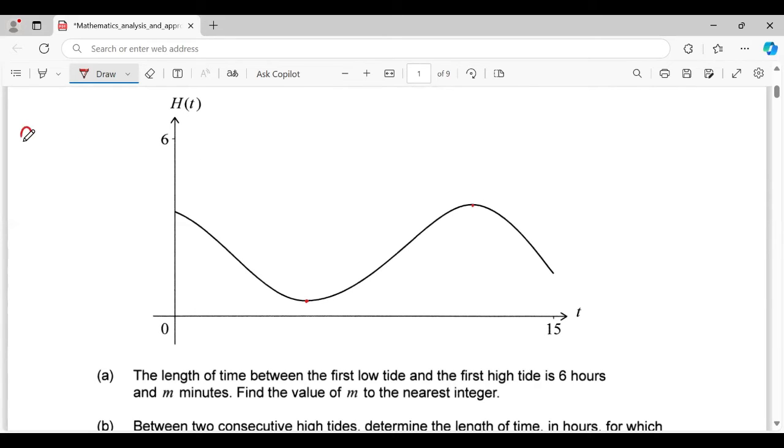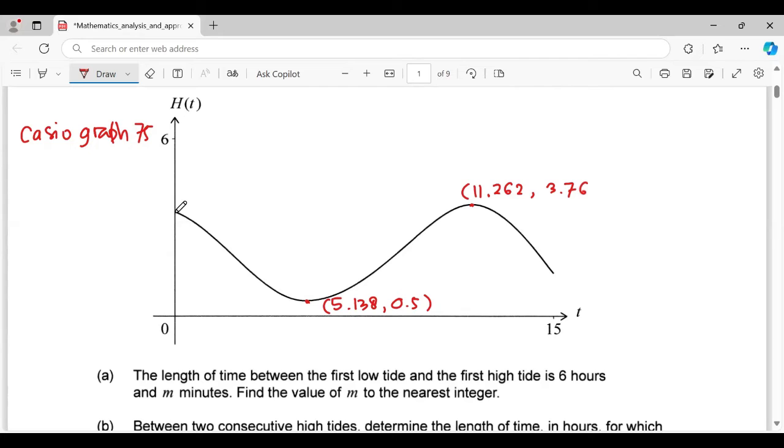According to my calculator, Casio graph, this coordinate point is 5.138, 0.5, while this coordinate point is 11.262, 3.76.